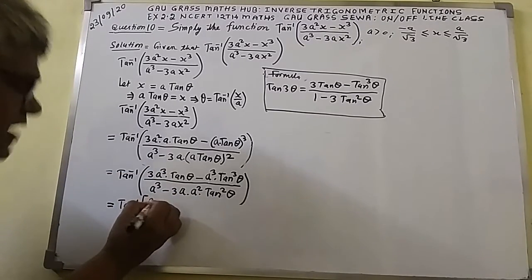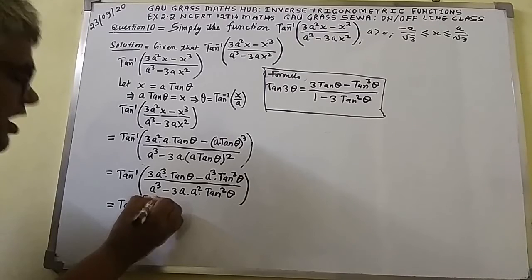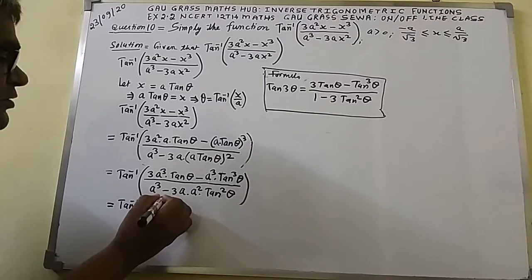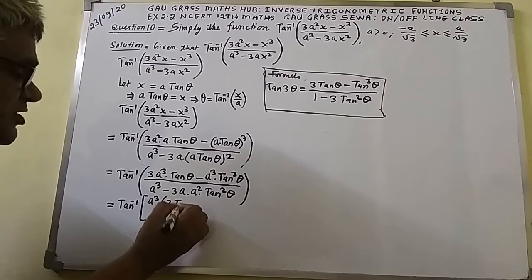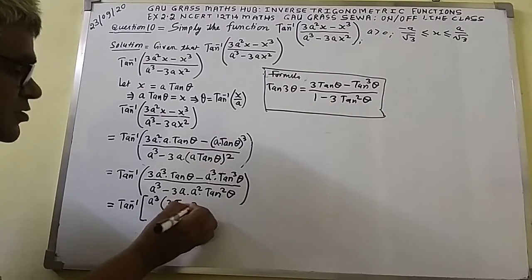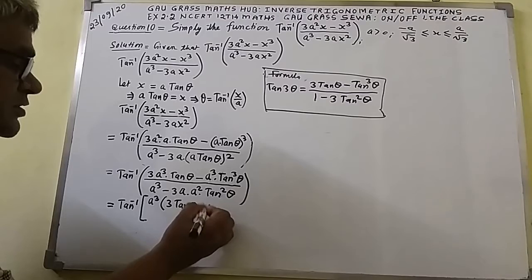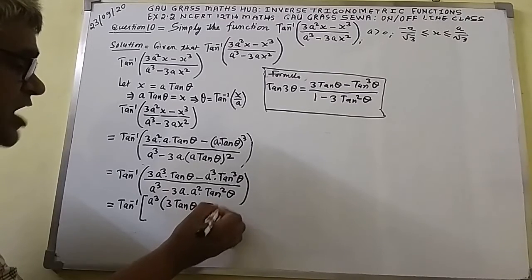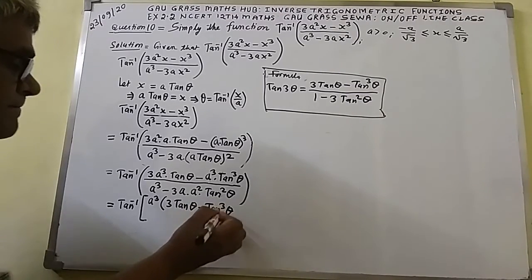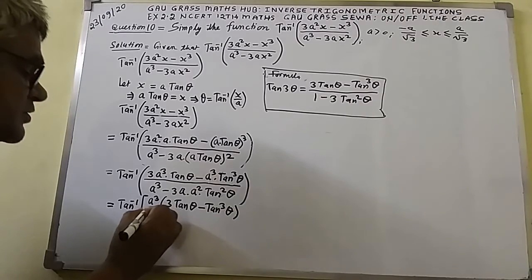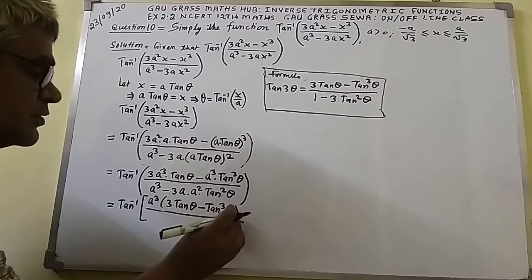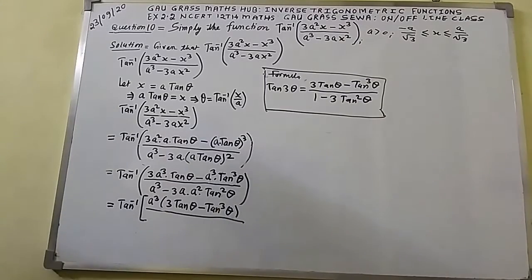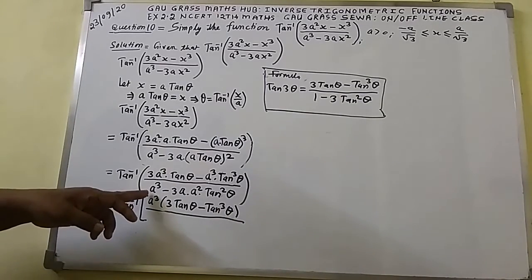So if I take a cube as a common, in bracket it will become 3 tan theta minus tan cube theta. Bracket close. Whole over. Now here you can see a cube.